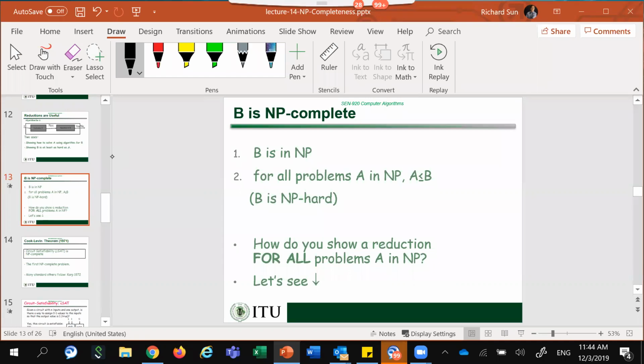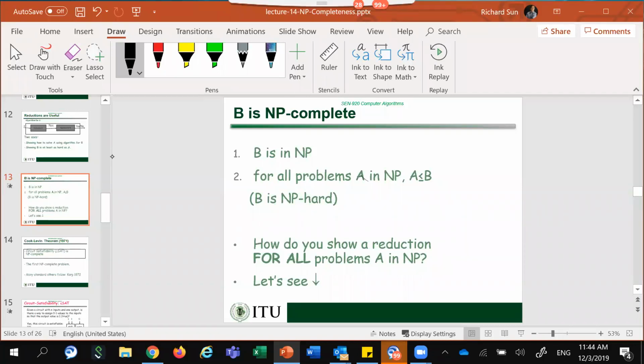So when we say B is NP complete, then B must be in NP, the hardest problem in NP. And also, for all problems A in NP, A must be polynomial time reducible to B.